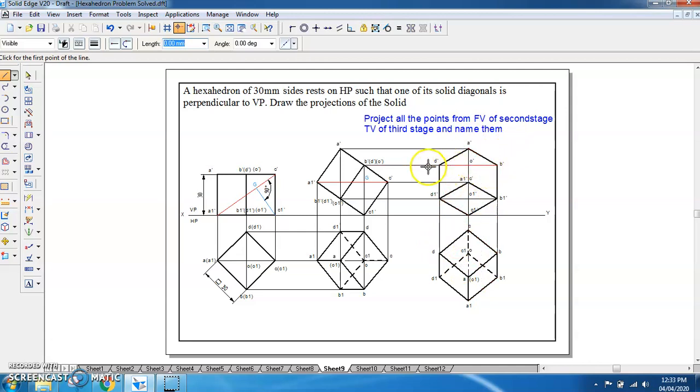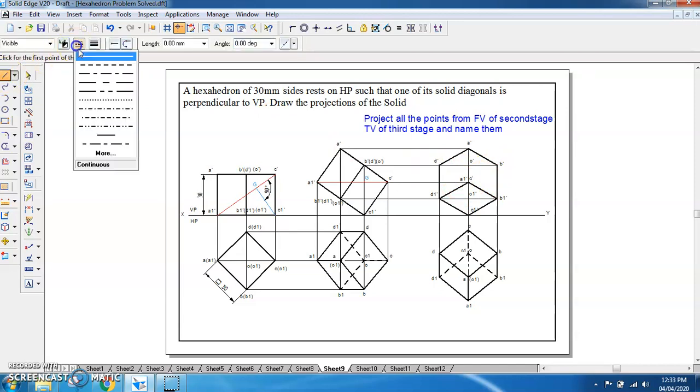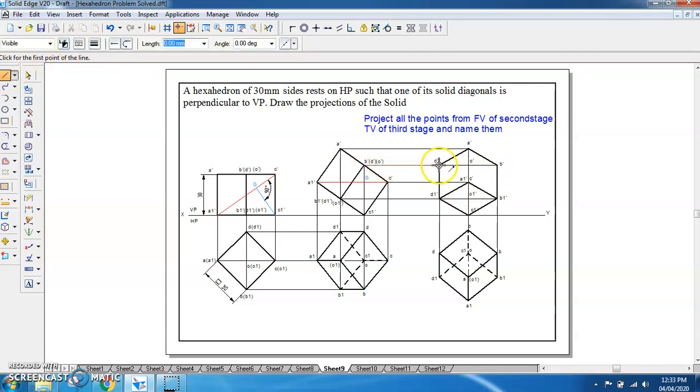The other face is ABCD, but AD and AB are forming the outer borders, that's why they are marked as visible. So the other two edges BC and CD are invisible. Again you go to line, you take the hidden edge and you connect this to this and this to this. So this you have done.